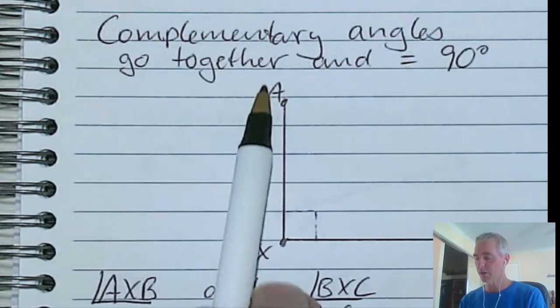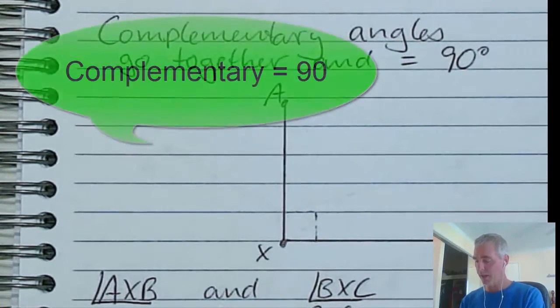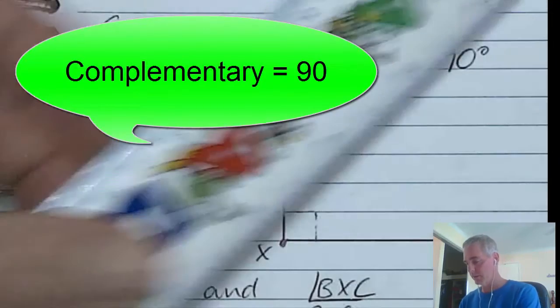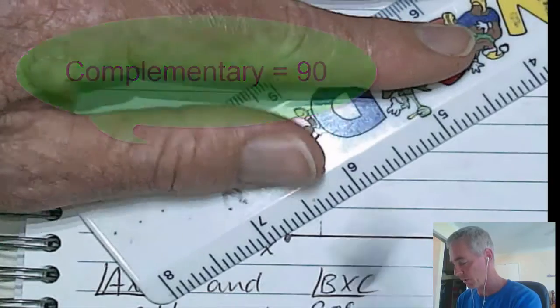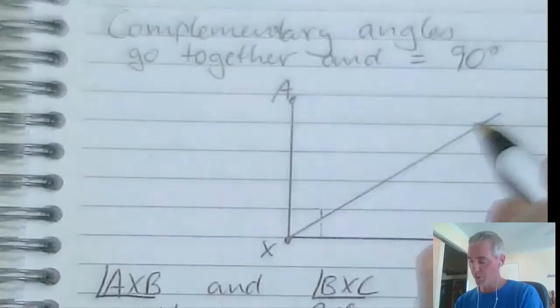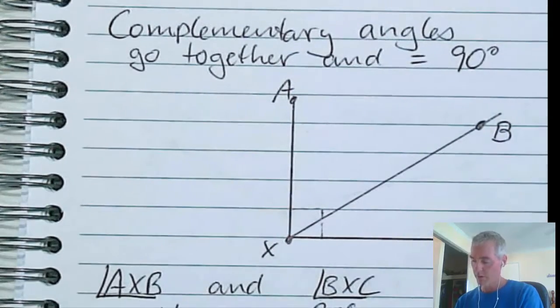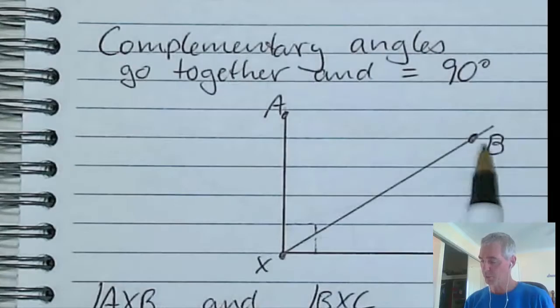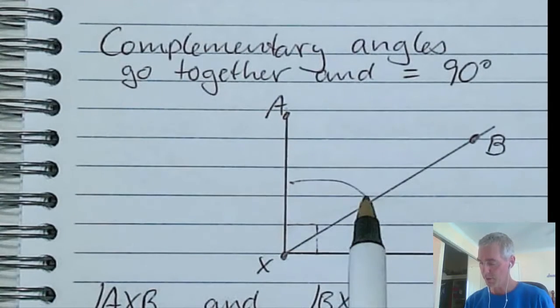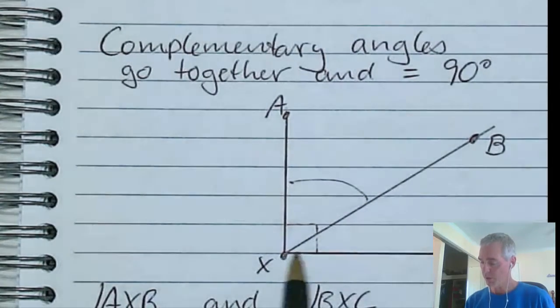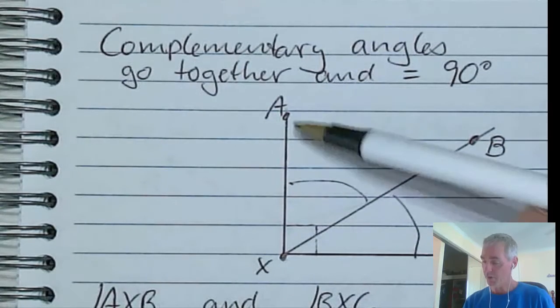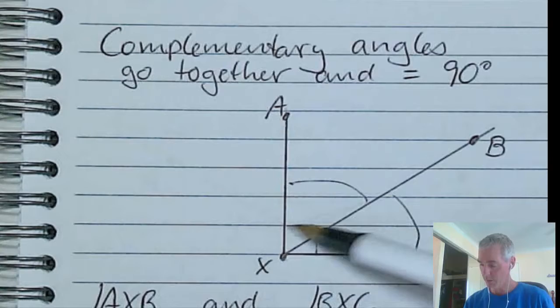Alright, so here's our 90 degree angle, AX out to C, but I'm going to add another line in here. Tricky, tricky. There it is, and I'm going to put on here B. So I now have angle AXB, which is this part in here, and angle BXC, this part in here, but those two together make a right angle.